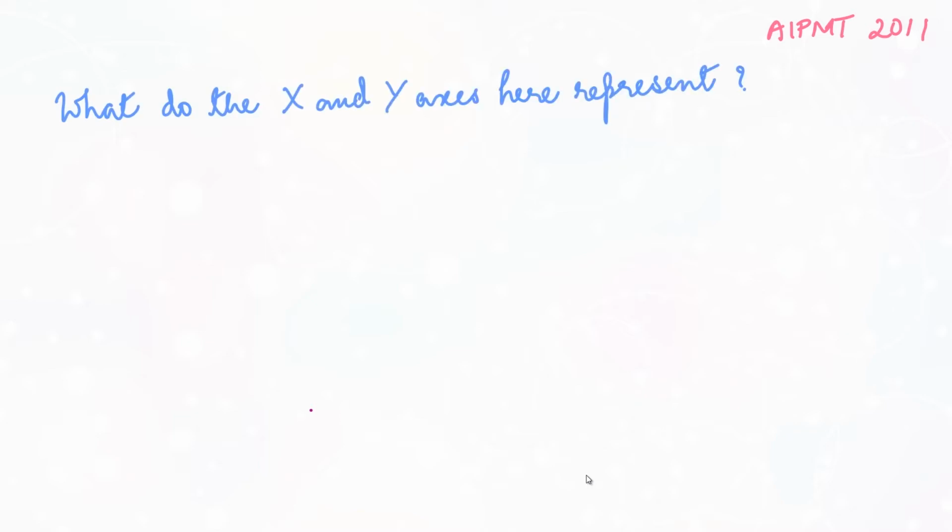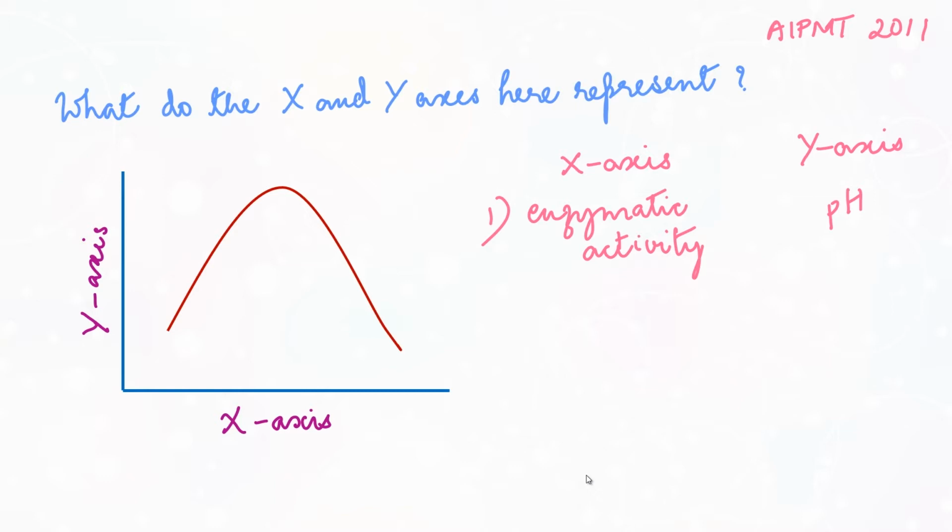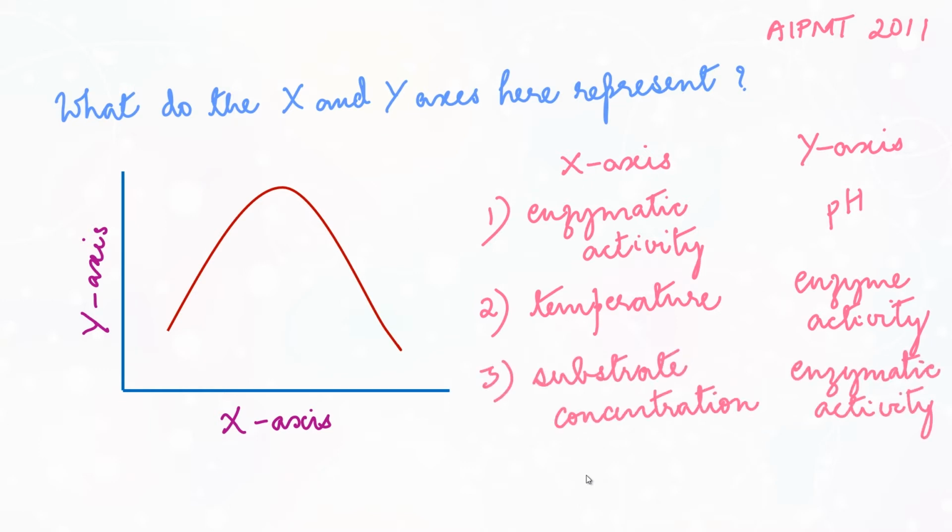The next question is from AIPMT 2011, and the question is, what do the X and Y axis here represent? And this is basically the graph, and they want to know what the X axis and the Y axis are. And the options given are: X axis is enzymatic activity and Y axis is pH; temperature and enzyme activity; substrate concentration and enzymatic activity; and enzymatic activity and temperature.